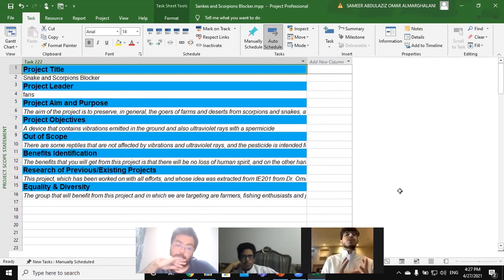And what is the project aim and purpose? The aim of the project is to prepare and generate a device for people who live in farms and the desert and save them from scorpions and snakes. And what is the project objective? A device that contains vibration emitted in the ground and also ultraviolet rays, with the supreme kit.